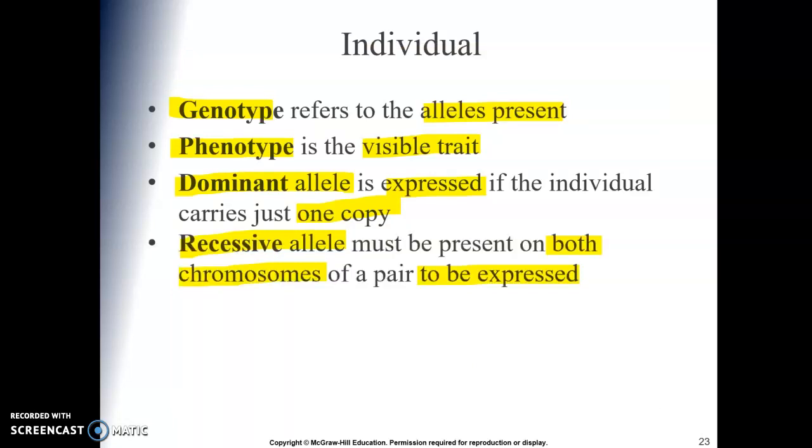Reminder, genotype, that's the alleles that you actually possess. The phenotype is the visible trait or the expression of those genes. A dominant allele is expressed with only one copy. That's all you have to have in order to express a dominant allele, and with a recessive allele, you have to get two copies.